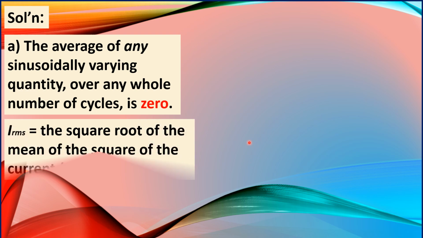Now, for question letter B, we first recall the definition of the root mean square of the current, labeled here as I sub RMS, which is just the square root of the mean of the square of the current, labeled as small letter i squared, subscript average.